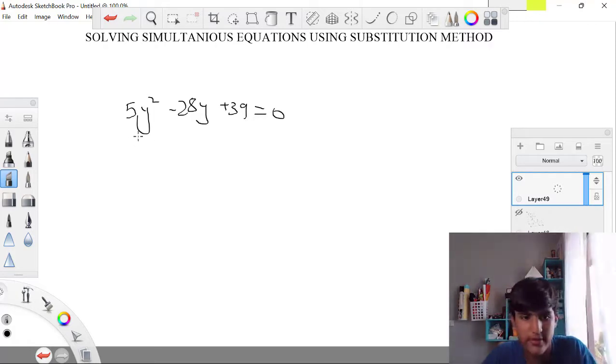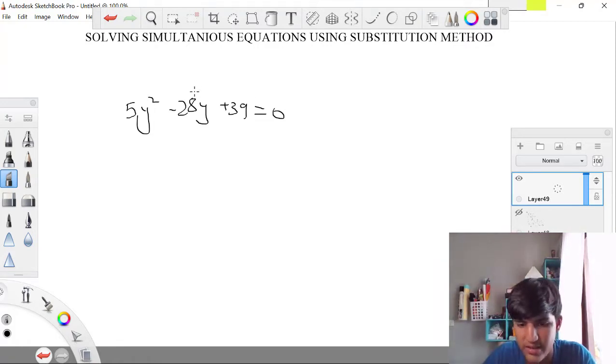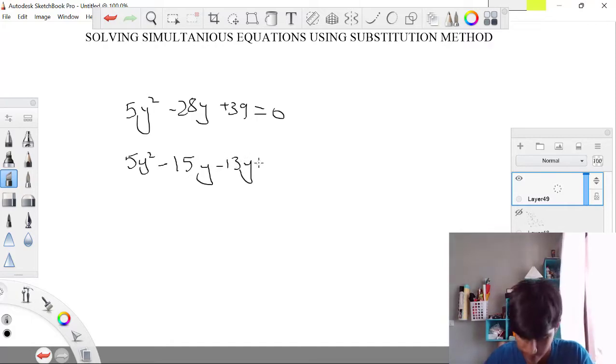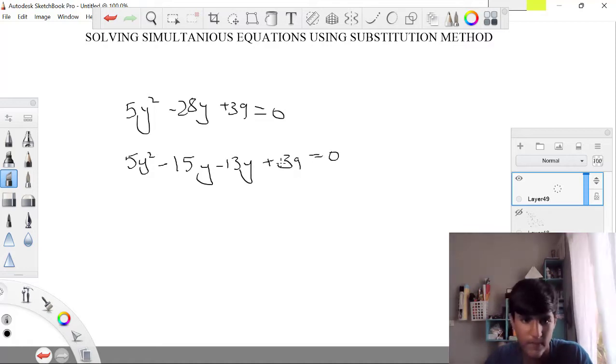So, 5 into 39 is 195. And if we multiply 13 by 15, we get 195 as well. 5y square minus 15y minus 13y plus 39 is equal to 0.